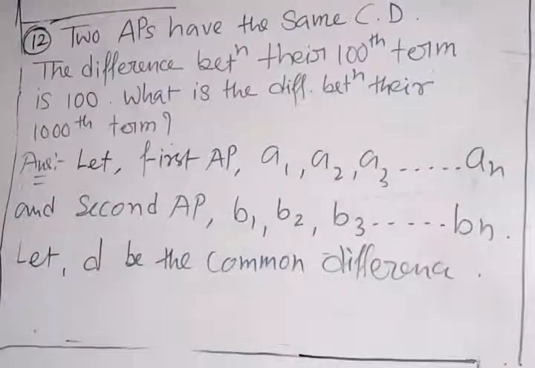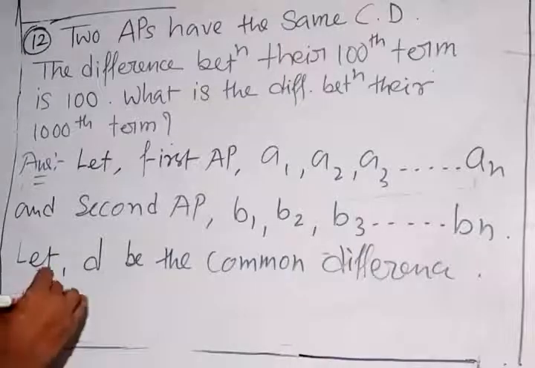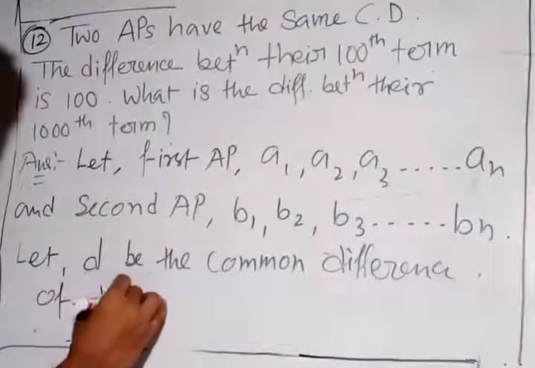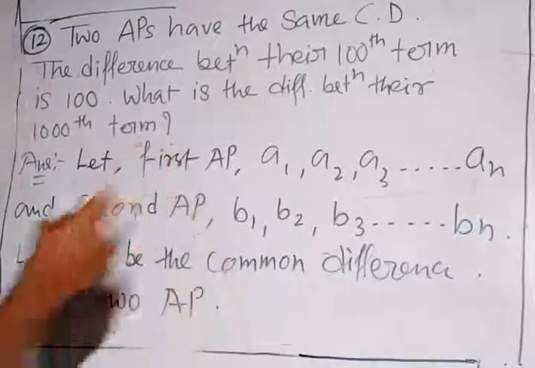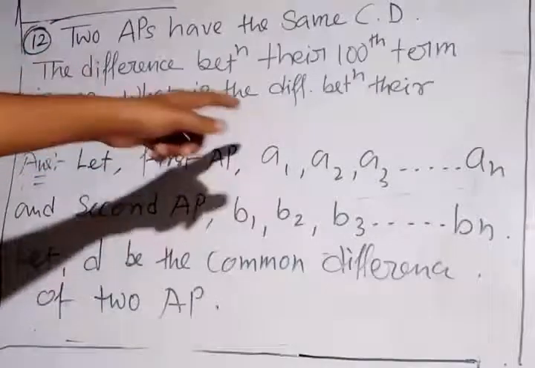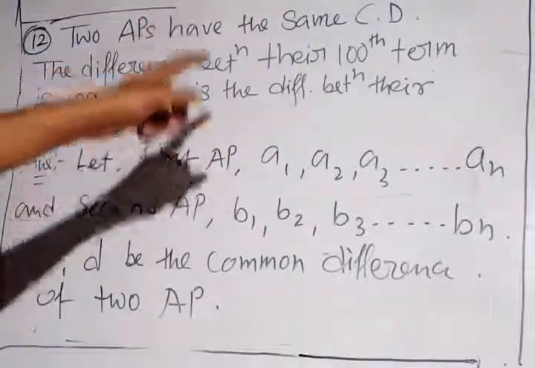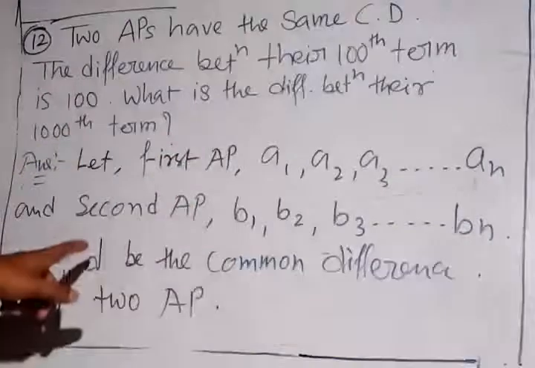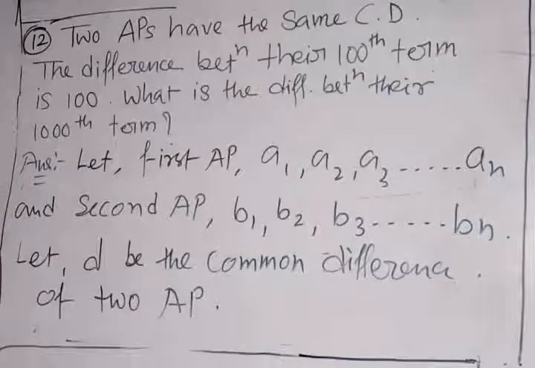Let D be the common difference. D will be the common difference for both the APs. For the first AP, the first term is A1. For the second AP, the first term is B1, and their common difference will be D only. It will remain the same for both.